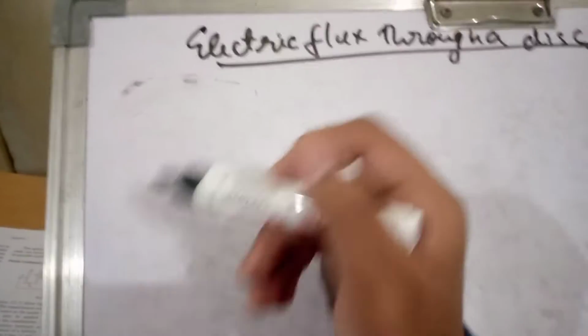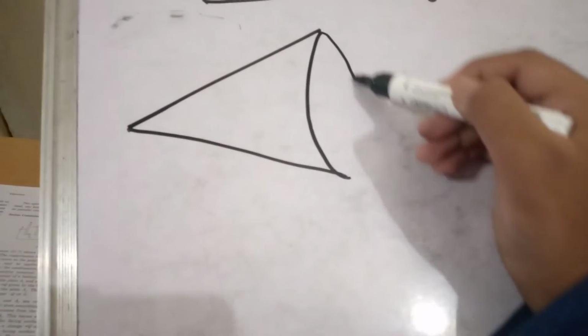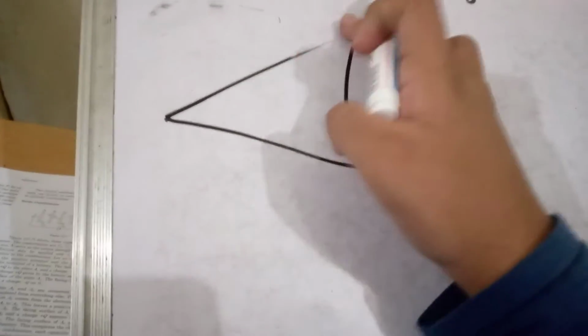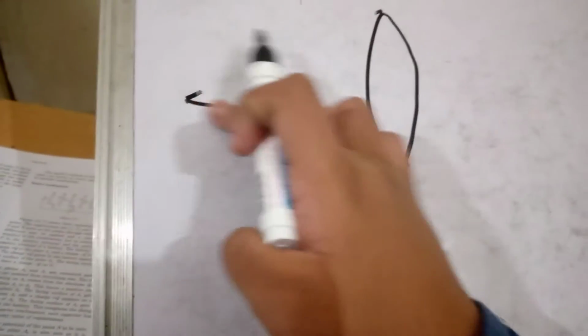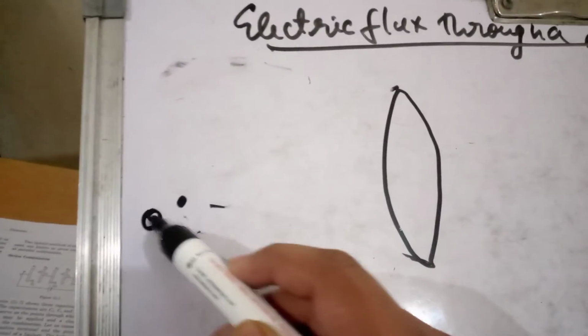Okay, so now we will just make a cone. It's not a cone, actually we are trying to take the electric flux through a disk. So let this be a point where charge q is placed.